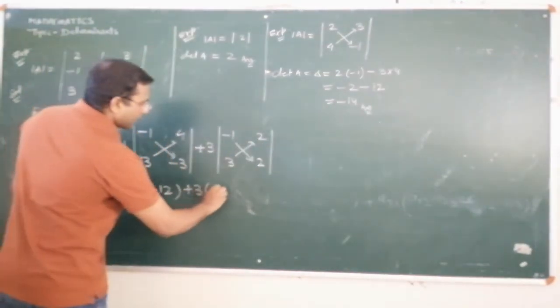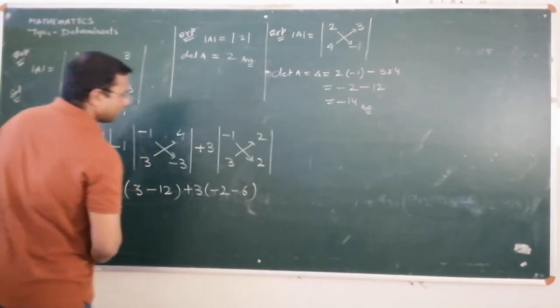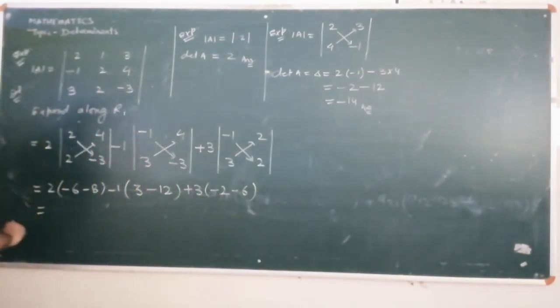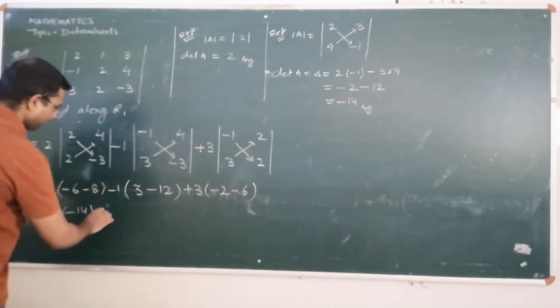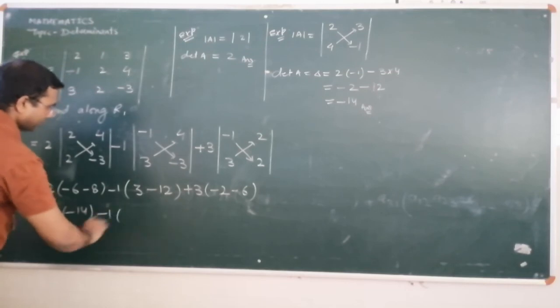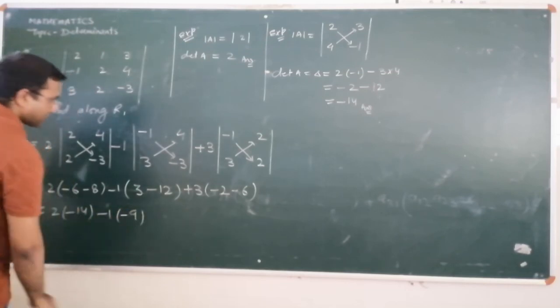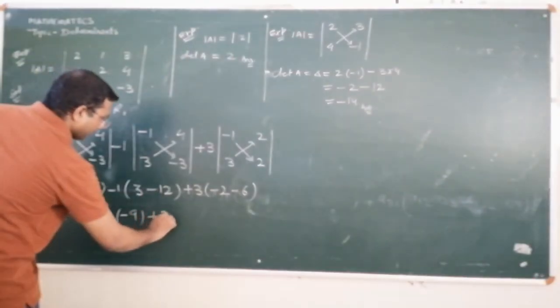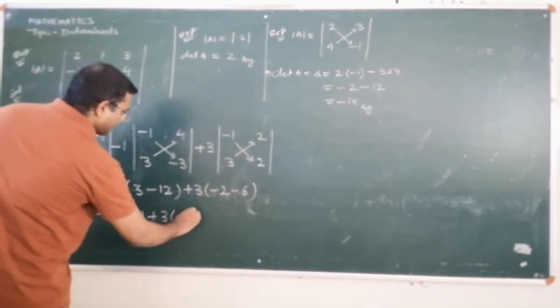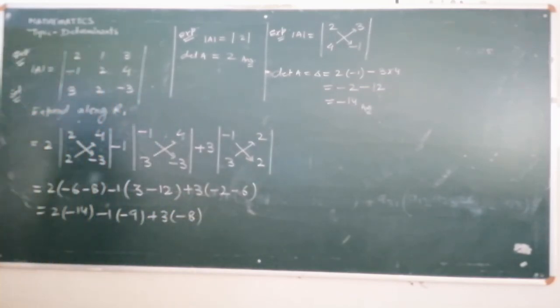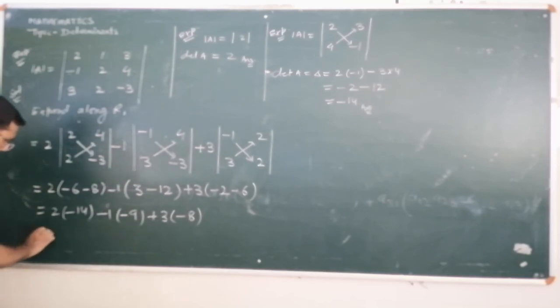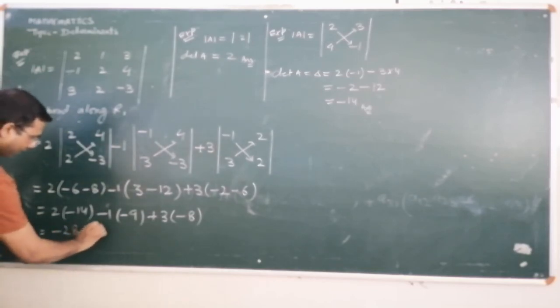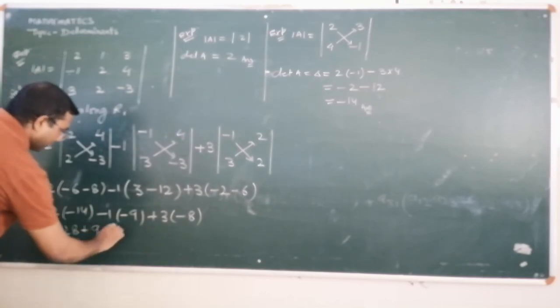So it is minus 2 and minus 6. If you solve further, it is 2 into minus 14. This is minus 1, minus 9, and it is minus 8. Further if you solve, we can say minus 28, this is plus 9, and this is minus 24.